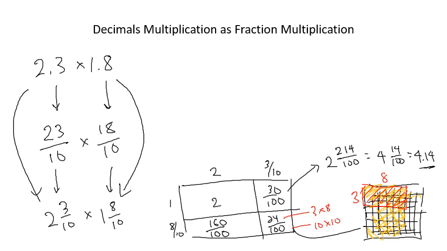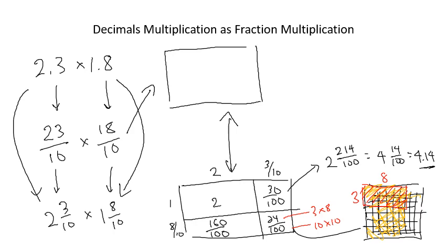We could also take these improper fractions and build this model the same way, and it's not really any different than what we looked at previously in terms of multiplying improper fractions. And it's really not that different from what we're doing with the mixed number. We just have to define our picture a little bit differently. So here's 1, here's 2.